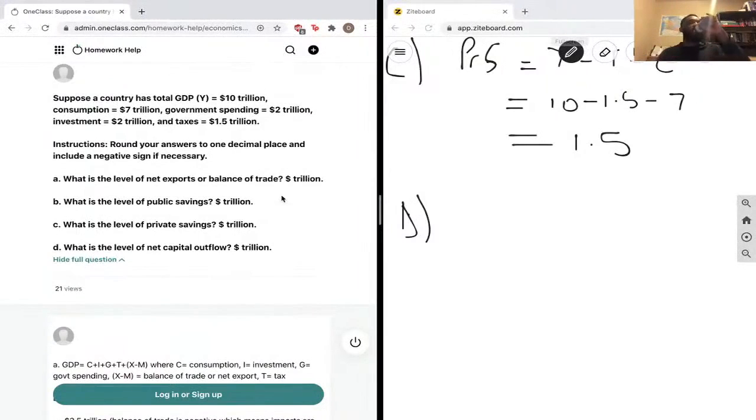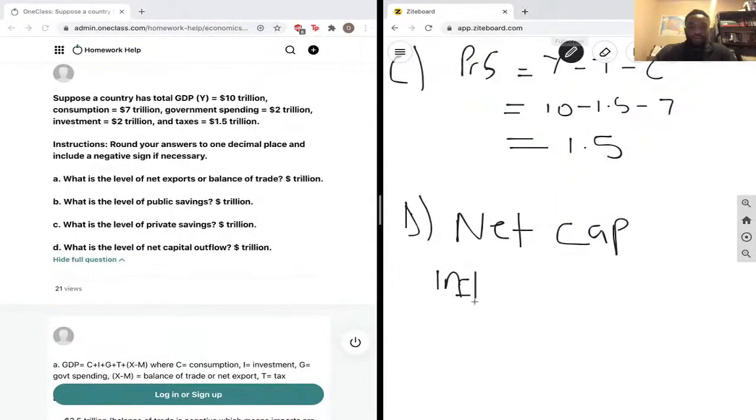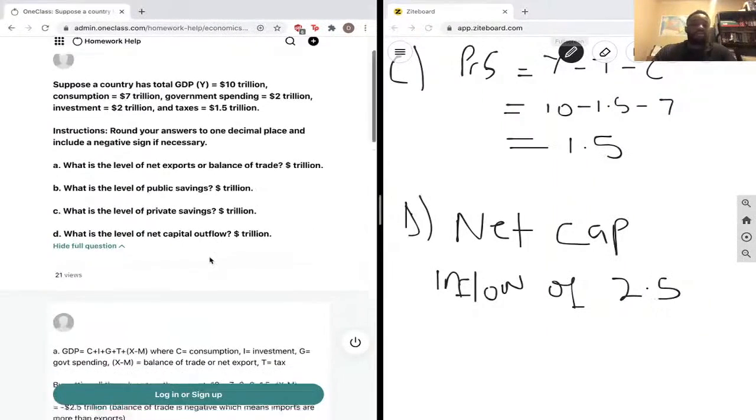So net capital outflow, or in this case inflow, would be a representative of what the trade balance is. And since it's negative, it's a net capital inflow. There'll be a net capital inflow of 2.5 trillion. So this is correct.